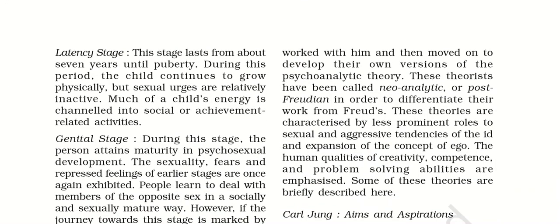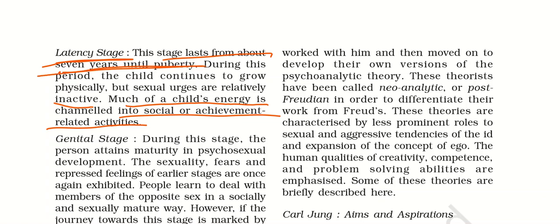Then we have the latency stage. This stage lasts for about 7 years until puberty. During this period, the child continues to grow physically, but sexual urges are relatively inactive. Much of the energy is channeled into social and achievement-related activities. That is the latency stage.